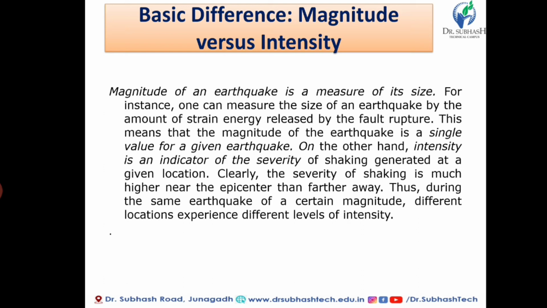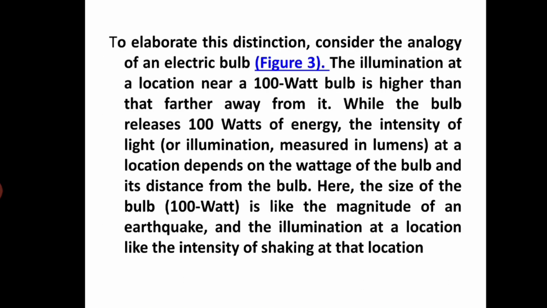So intensity is not a fixed value during the same earthquake, while the magnitude is the same value for the earthquake. These are the main basic differences between magnitude versus intensity.